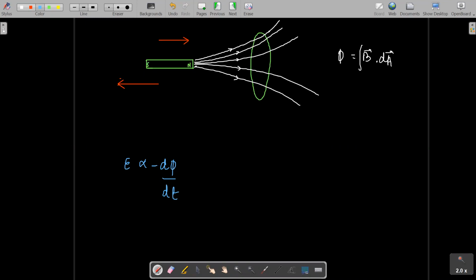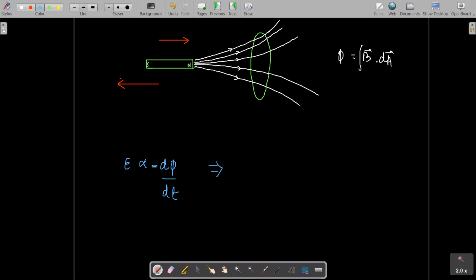And there is one more law, students, that is Lenz law. Actually, this Faraday's law was single-handedly enough for the calculation, or for getting the direction of induced EMF, because it was minus d phi by dt.